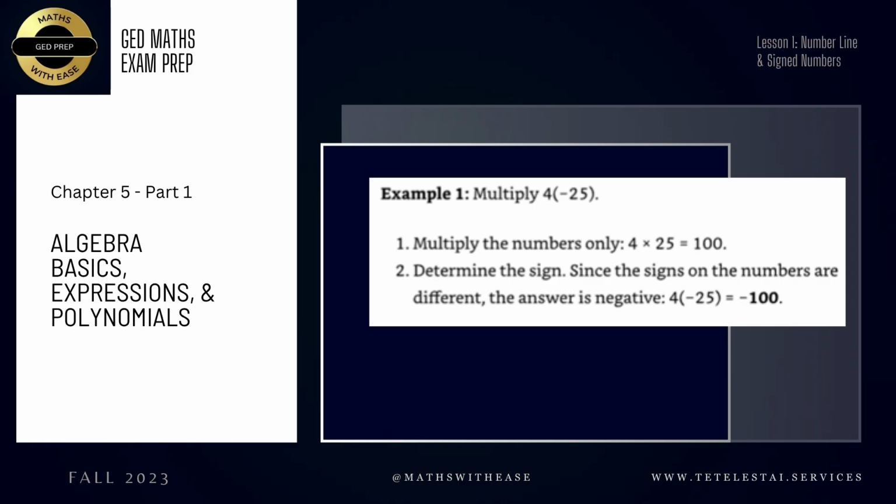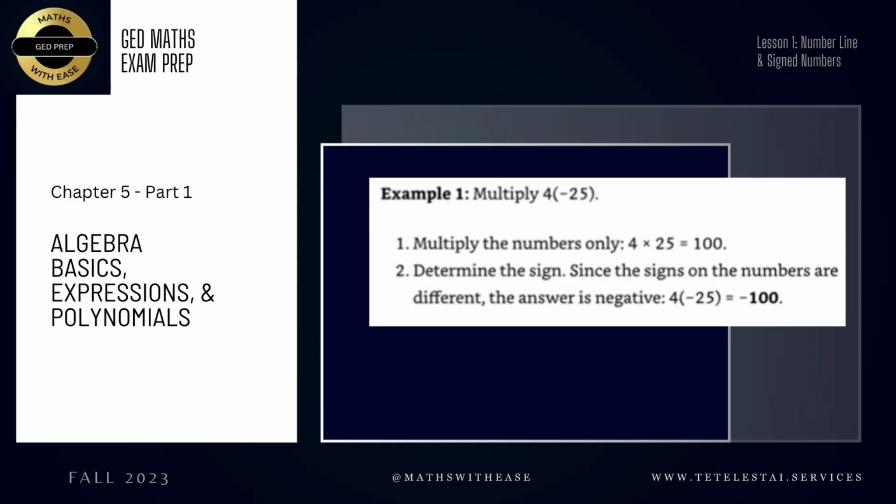So because the two numbers are written together like this, you know that you're being asked to multiply, or the operation in this case is multiplication. Okay, so what you want to do is multiply the numbers only. So 4 times 25 is 100. And then you determine the sign. And since the signs of the numbers are different, the answer is negative. Okay.